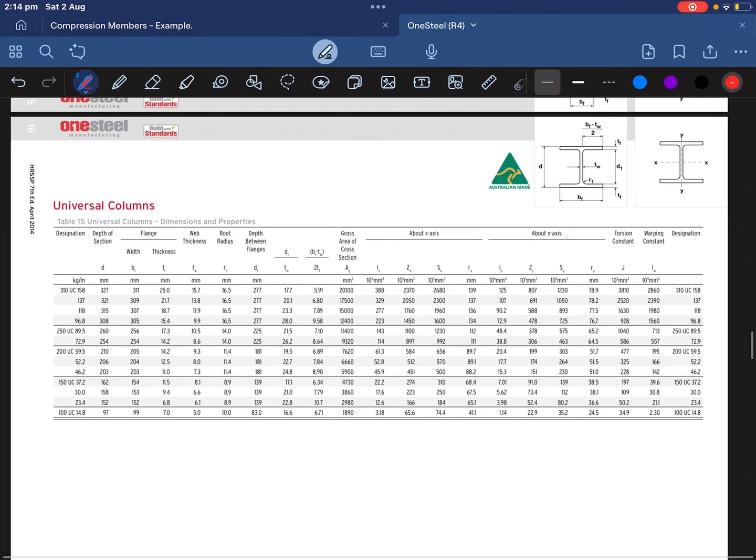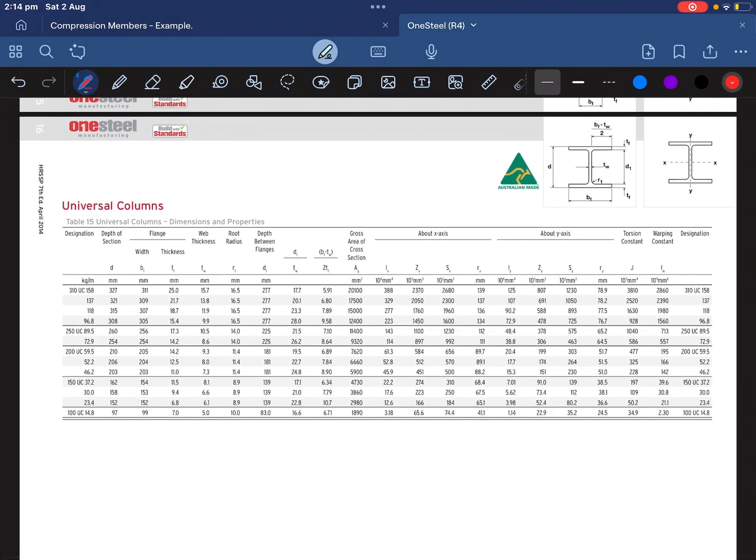Okay, so here we have about the y-axis. We can look at the moment of inertia, which is IY. About the y-axis, here we have 3.98, which is not enough, so we have to pick 5.62, and that corresponds to a 150 UC30.